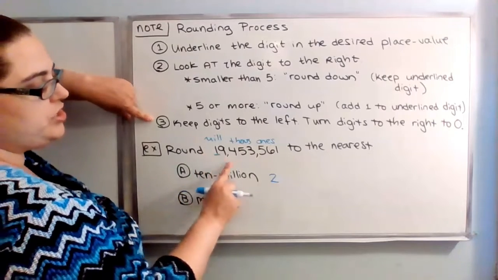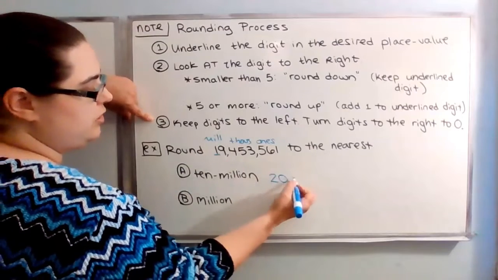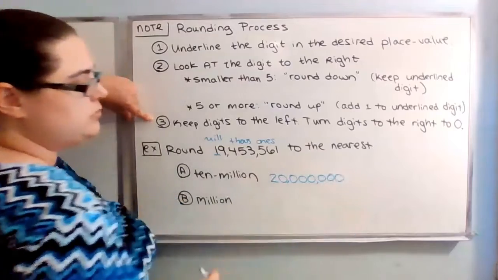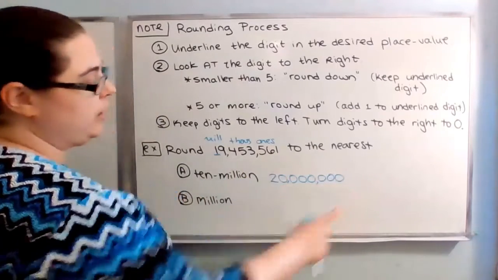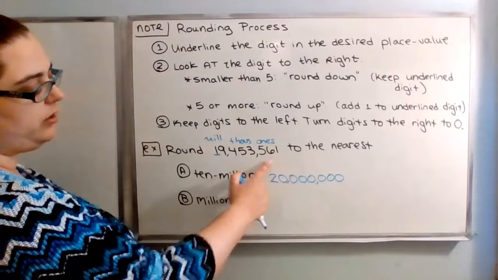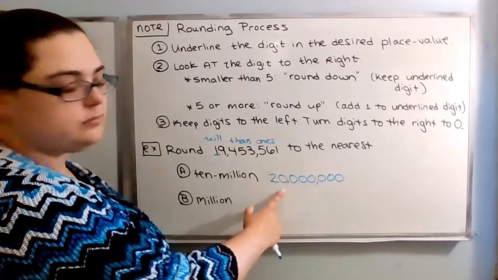And we turn all the digits to the right into zeros. So the 9 turns into a 0, 4, 5, 3, 5, 6, 1. So everything that was to the right is going to turn into a 0. So 19,453,561 rounded to the nearest 10 million is going to give us 20 million.